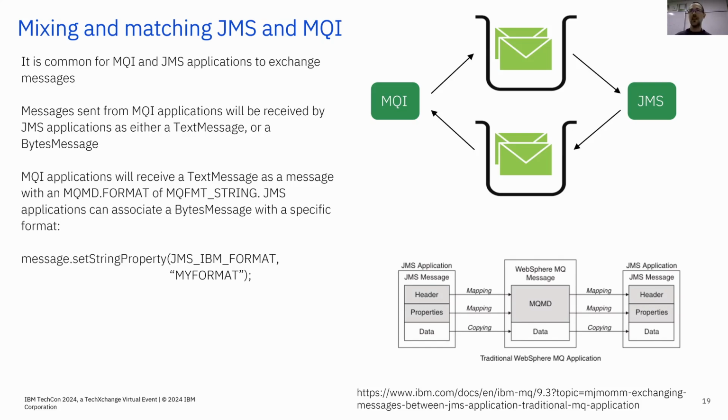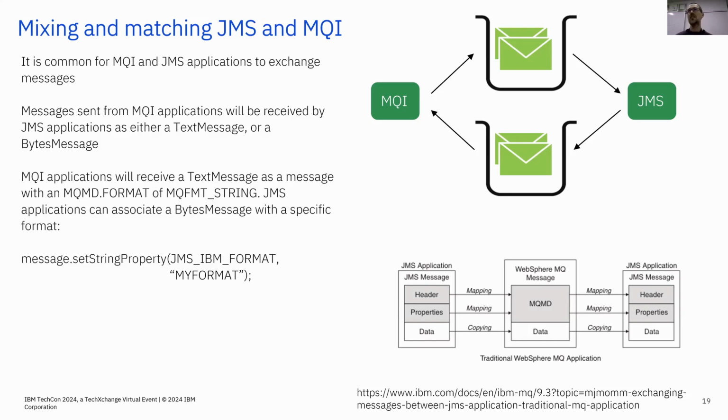So if you send a string format message from MQI into JMS, then that is received as a JMS text message in that JMS application. If a JMS application sends a text message into the MQI, then that is received as a standard MQMD and message buffer, and the MQMD has a format of string. Everything else is done via a JMS bytes message.